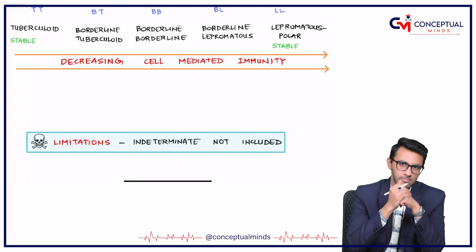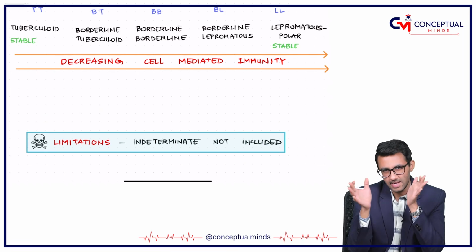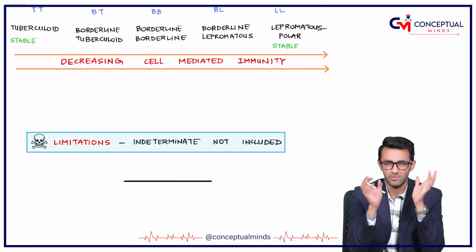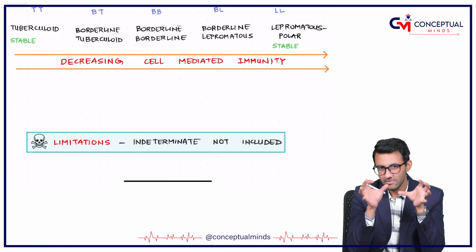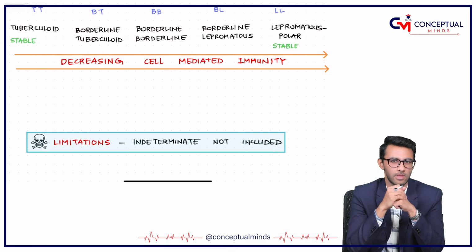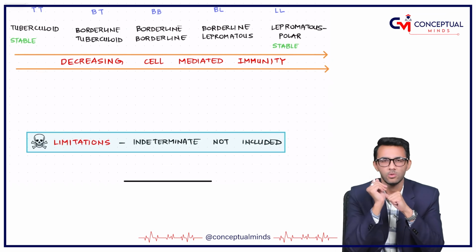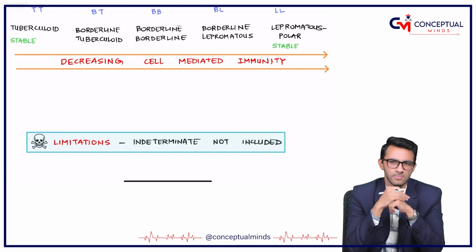So it is very important to have a clear-cut idea of what this classification is about. Once we know this, we can have a very good grip on this topic, which is very important, and that is the reason we are going into so many details and spending so much time on it.